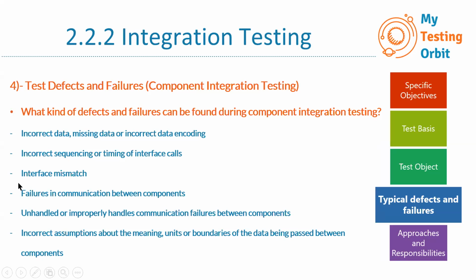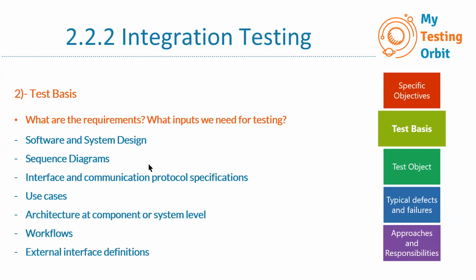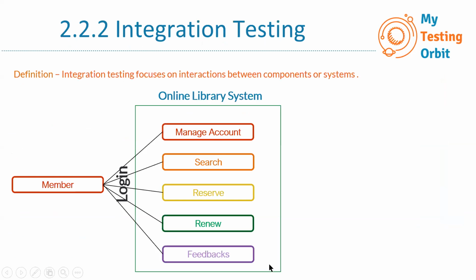The next one is interface mismatch. If there are multiple components, and in one component the member ID is an optional field, but later, when we have to renew the book for that member, we need a member ID, and on this page the member ID field is mandatory.